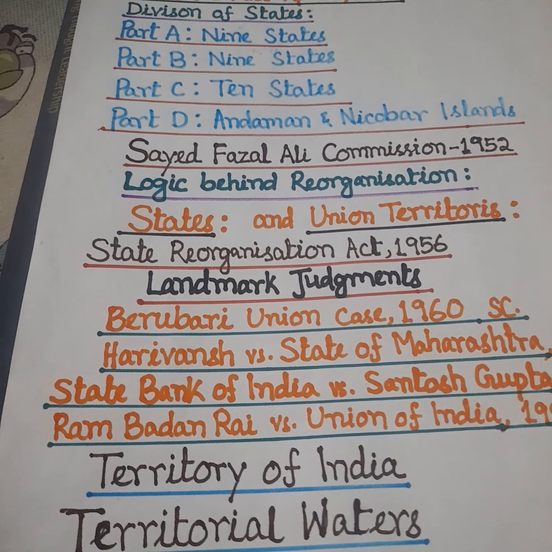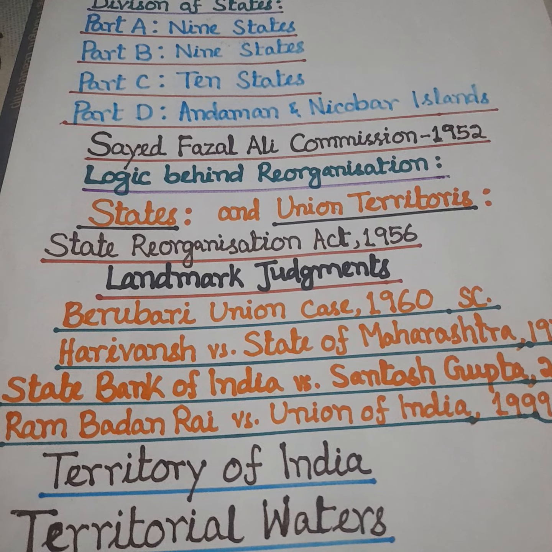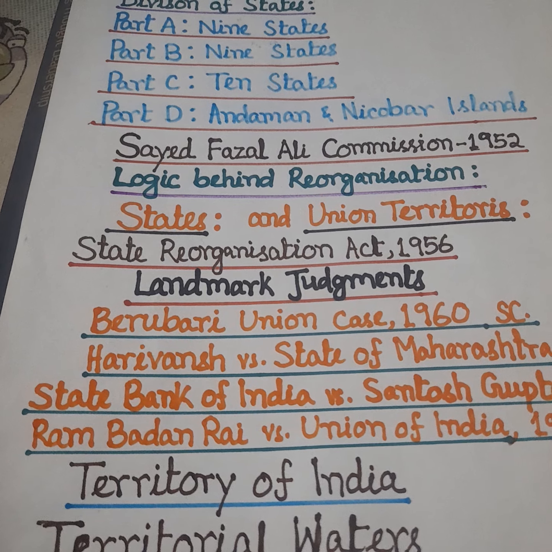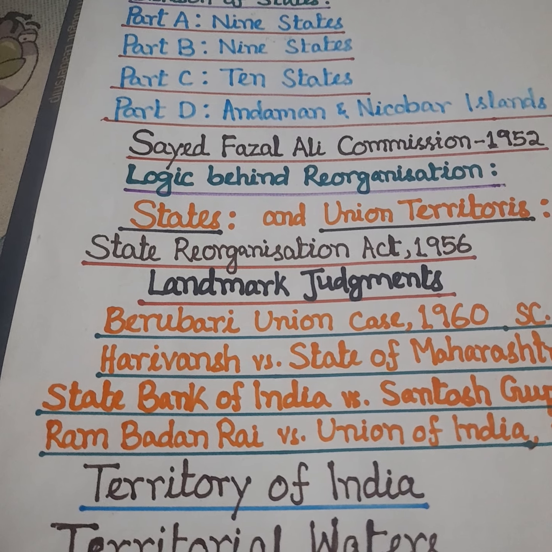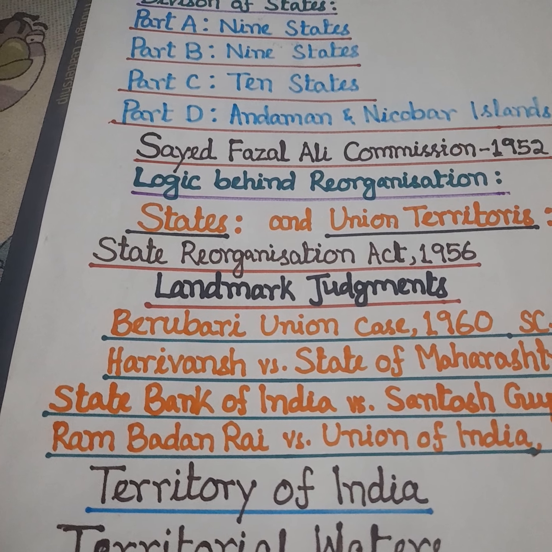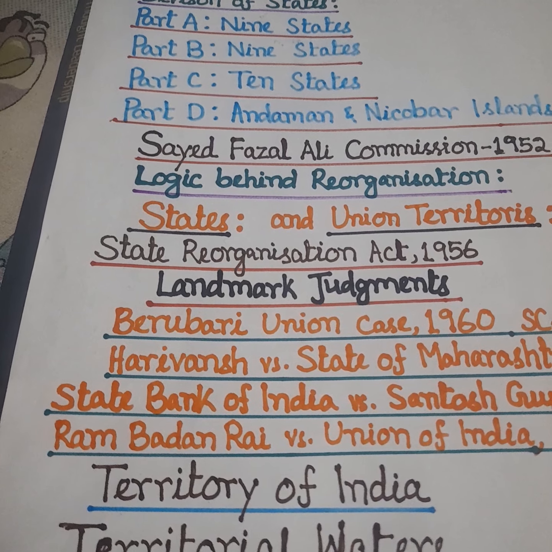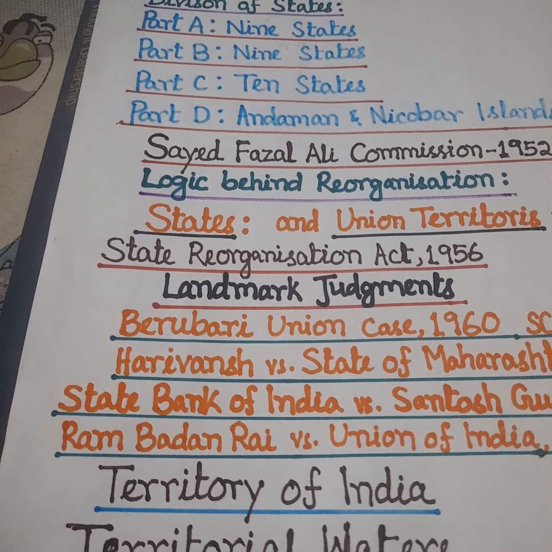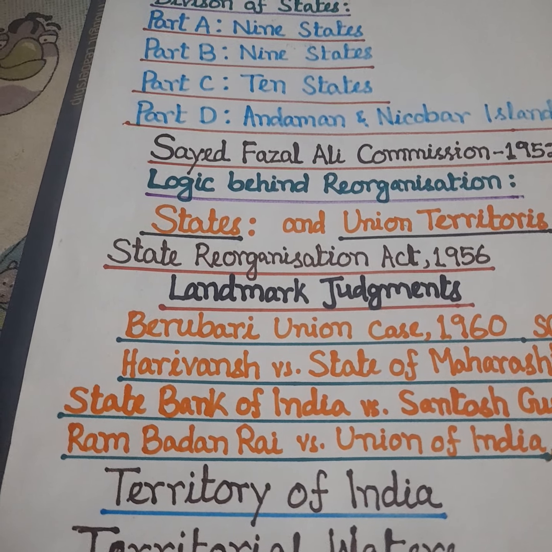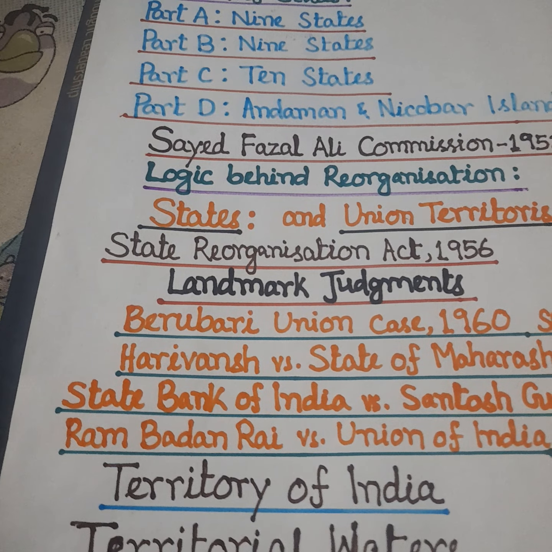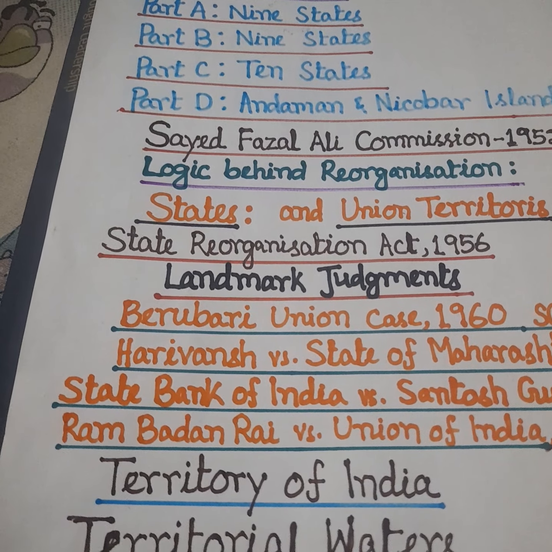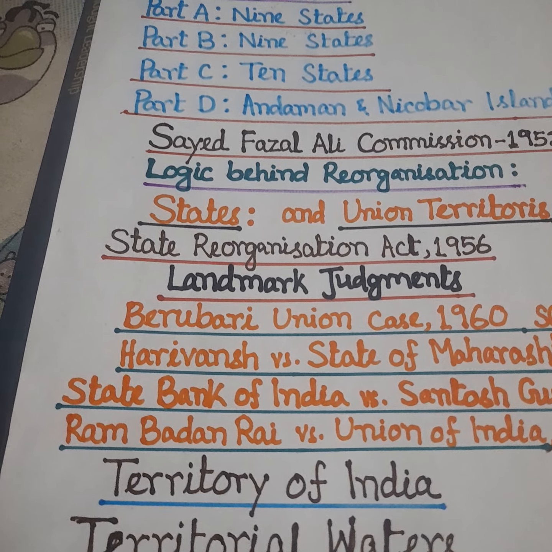And in the same way, as we have already discussed, Maharashtra and Gujarat were carved out under the Bombay Reorganization Act of 1960. This resulted from agitations like the Samyukta Maharashtra movement.